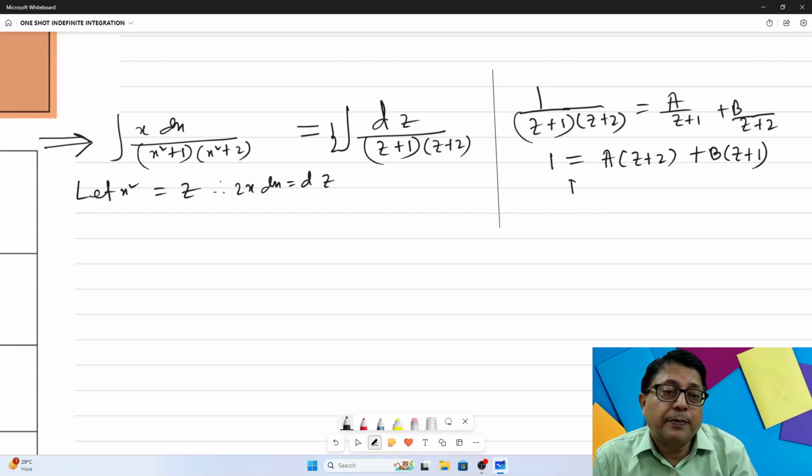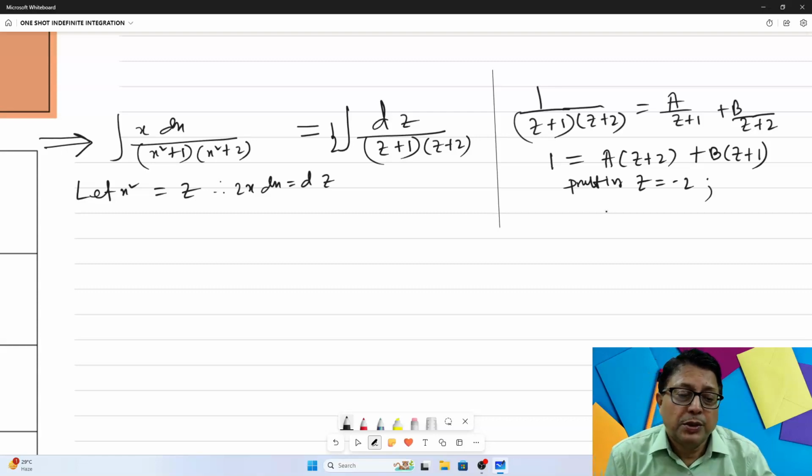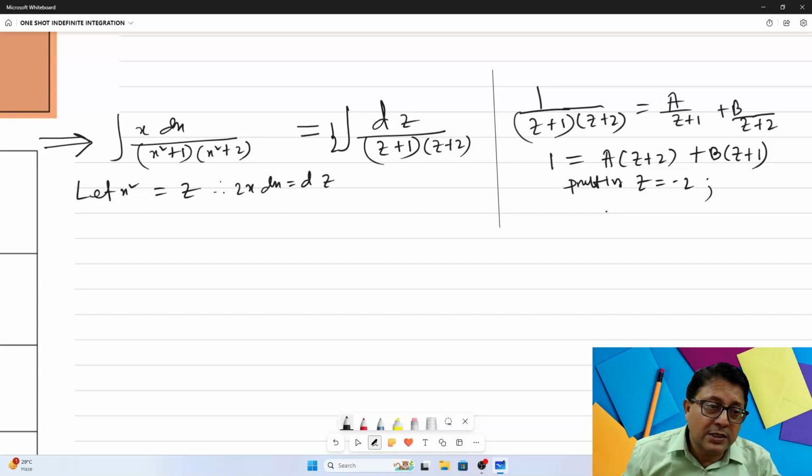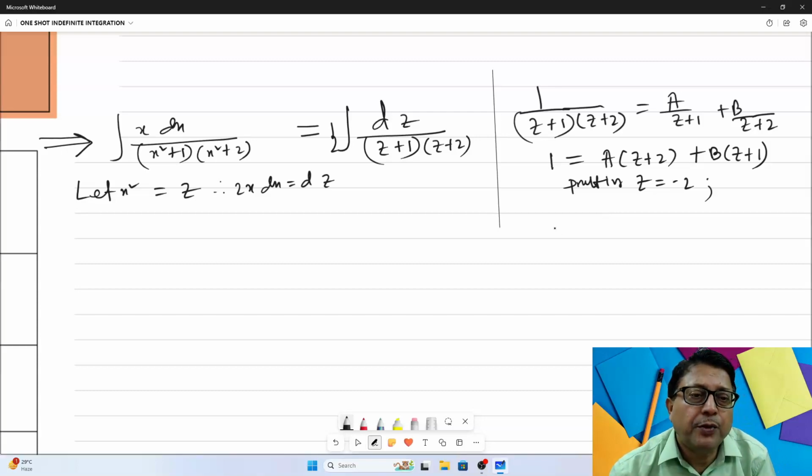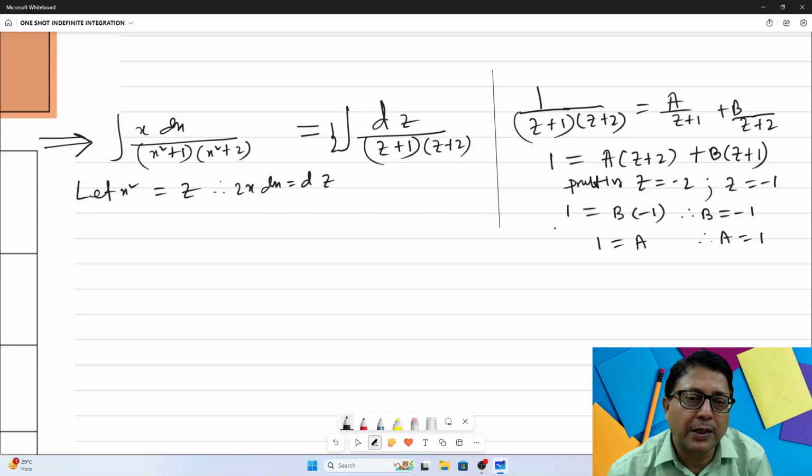Then get the values of A and B by putting z equal to minus 2, z equal to minus 1. Putting z equal to minus 2, 1 will be equal to B into minus 1, B is minus 1. Then put z equal to minus 1, so 1 equals A, A equal to 1.